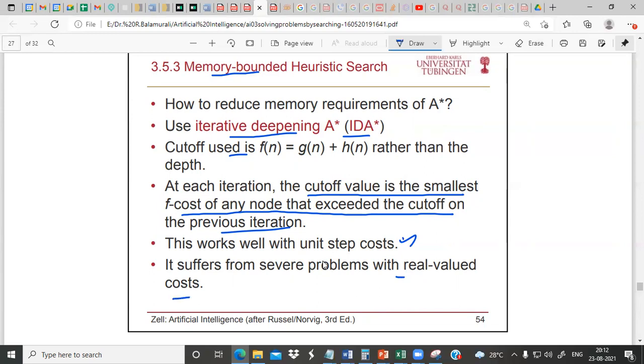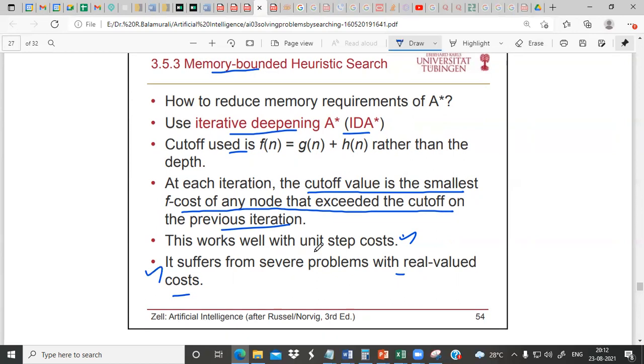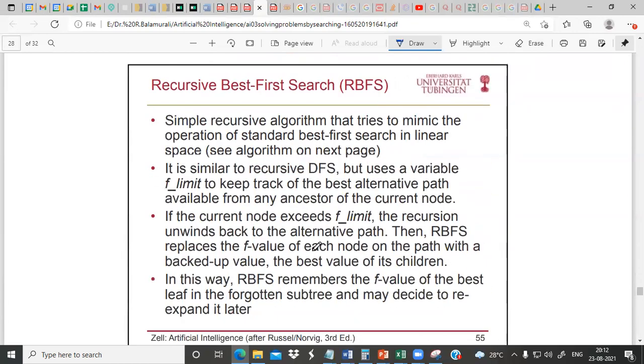As long as the cost is unit cost, it works fine, but if it is real valued numbers, it may not be best. That's the drawback. Of course it reduces the memory requirement, but this is one of the drawbacks of IDA star.